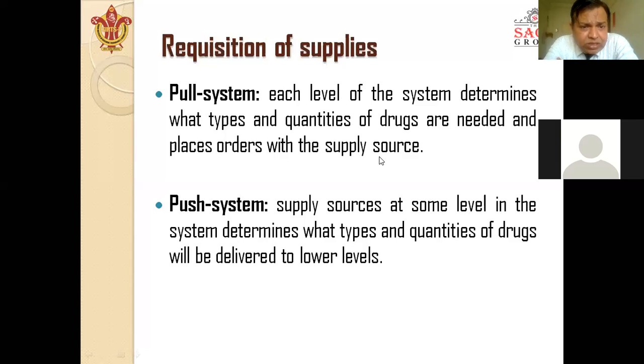But in the push system, the central pharmacy or central store knows this much is your requirement in this month or this week, and they deliver that particular medicine, drugs or supplies to your pharmacy. This is the pull and push system.